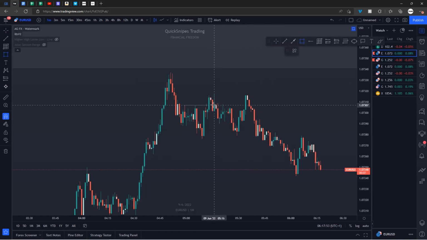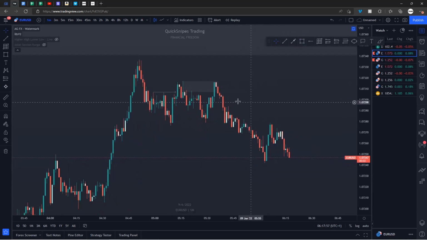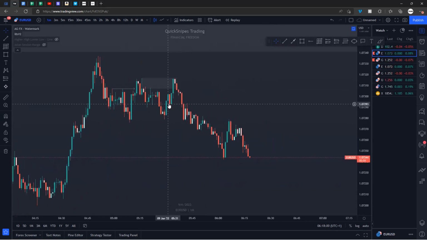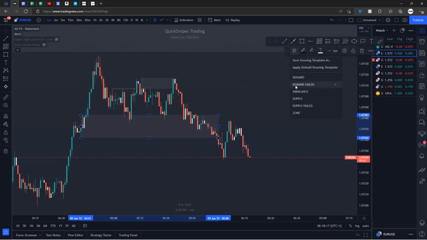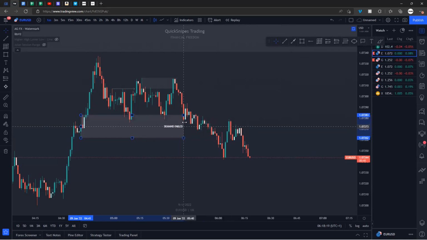And then we're playing off of this supply zone over here. So then we've had that break of this demand. So we've had a demand failure over here. So essentially we can call that now a flip over here.